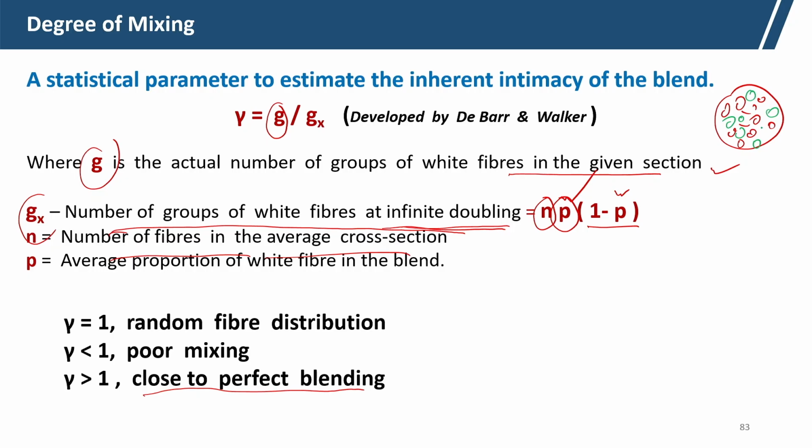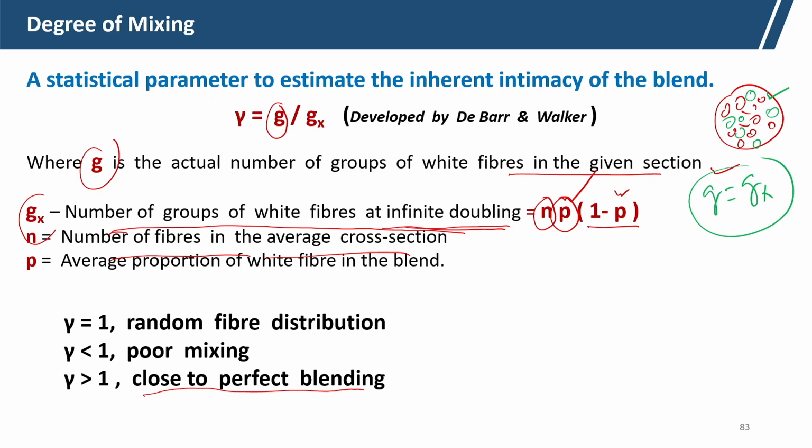This is also not perfect blending, but it is a random distribution, after infinite doubling. So, in this case G and G∞ are the same.